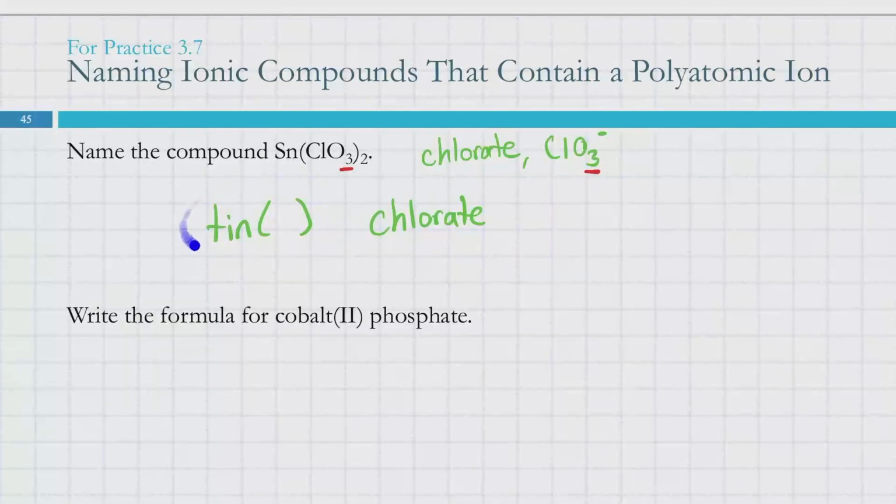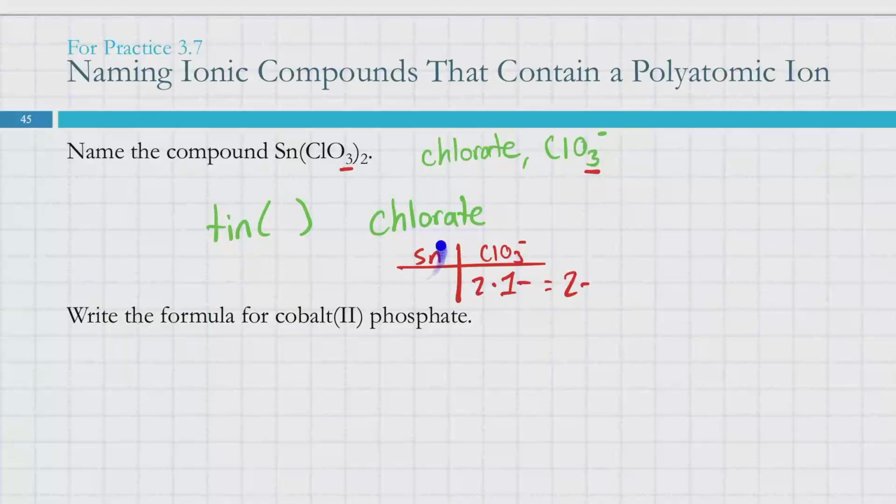And now we have to figure out what's the charge on our tin. So tin, we've just got one of them, so it's relatively easy, right? Our chlorate, we've got ClO3 minus. We've got 2 of them. So 2 times 1 minus, we've got a total 2 negative.